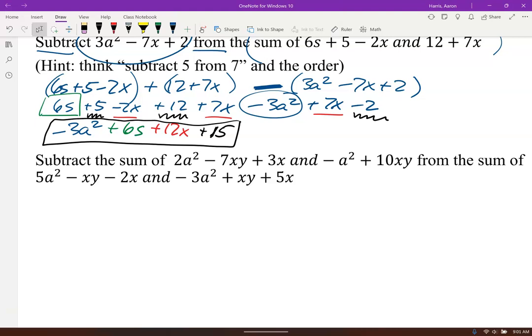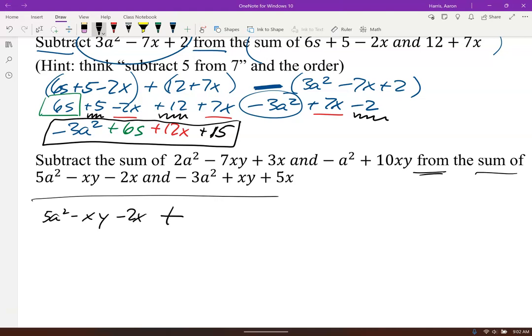All right, subtract the sum of blank and blank from, again, to mix it up, from the sum of, so this is first, from the sum of these two. So I'm going to do that first. The sum of 5a squared minus xy minus 2x and the sum with, so this plus negative 3a squared plus xy plus 5x.